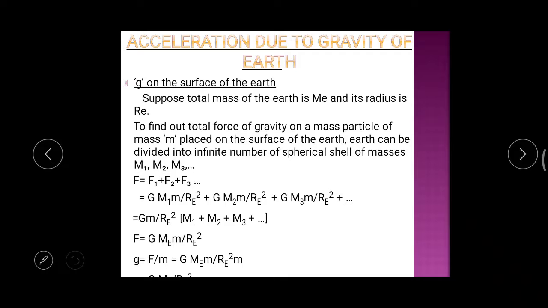So for that purpose we will consider the earth as a combination of particles of variable mass.